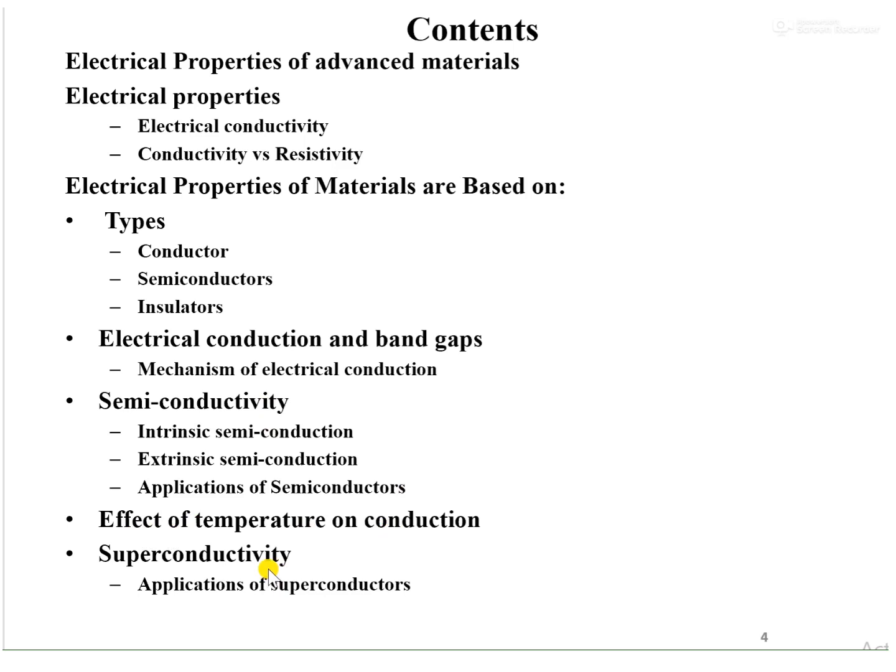And the final thing that we will discuss is superconductivity, and we will discuss how we can make superconductors, how we can modify materials into superconductors, and their applications in the electrical industry or microelectronics. So overall electrical properties of advanced materials we will discuss in our next lecture.